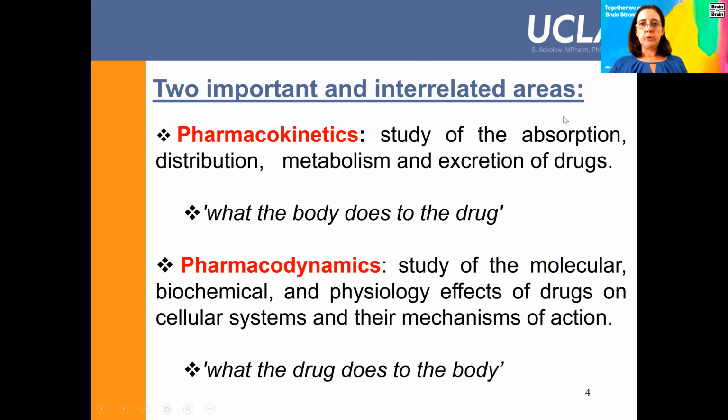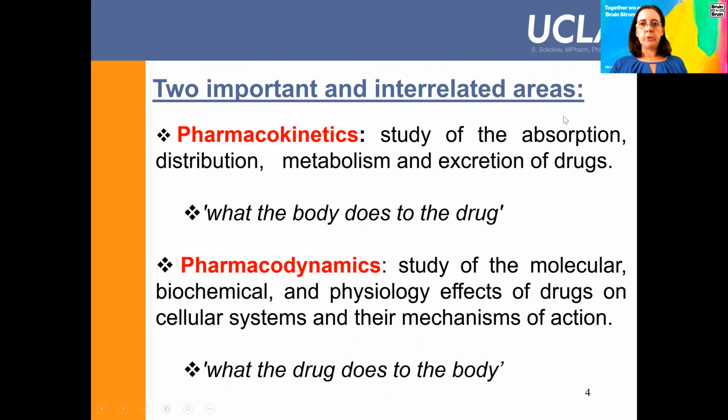Now, pharmacodynamics is the study of the molecular, biochemical, and physiologic effects of drugs on cellular systems and their mechanism of action. And this can be summarized by this sentence, which is what the drug does to the body. So that's when the drug is going to bind to a cellular receptor and elicit a response, an effect on that receptor.